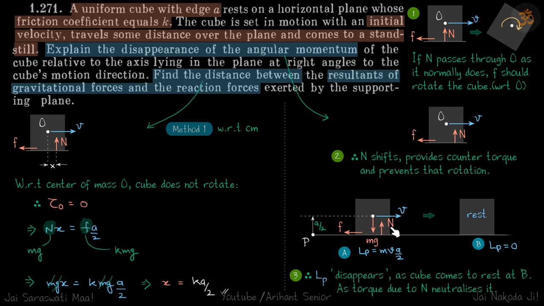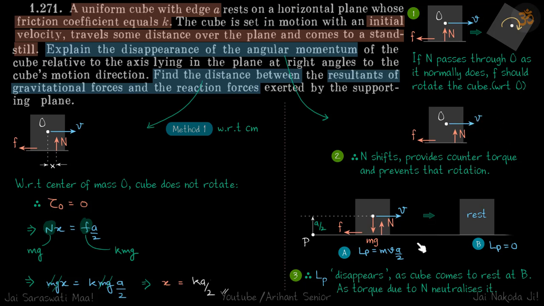Because of this N, which is the same as mg, and is at a greater distance, N is providing a counterclockwise torque that is reducing the angular momentum of this whole block about point P. Hence Lp disappears as the cube comes to rest, as the torque due to N neutralizes it.